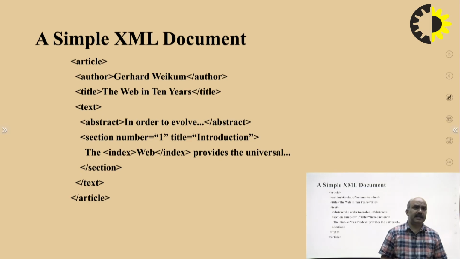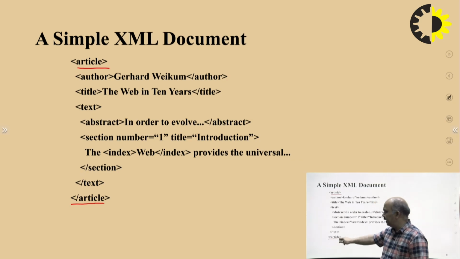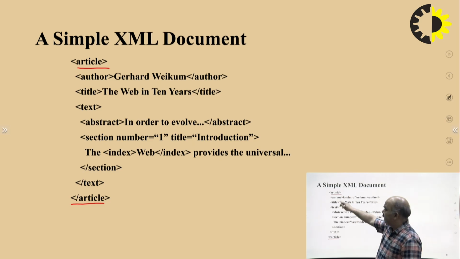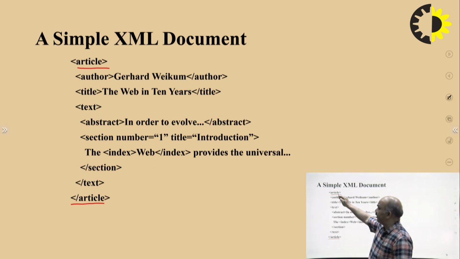And this is another example, a simple XML document. Here we have an article with an opening tag, and this is the article closing tag. In between, this is the root node, or root element, and these are the sub-elements. One advantage of XML is that it is human readable. You can tell what the article is all about.